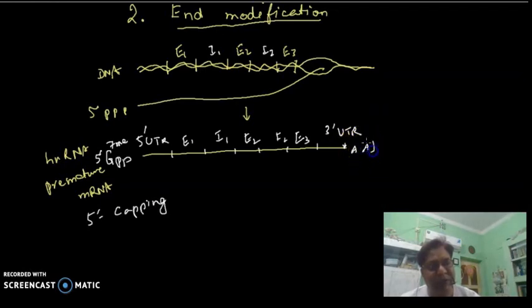About 80 to 200 adenine residues are added by an enzyme called poly-A polymerase, and then this is the 3' OH at the end. So this is called 3' polyadenylation.